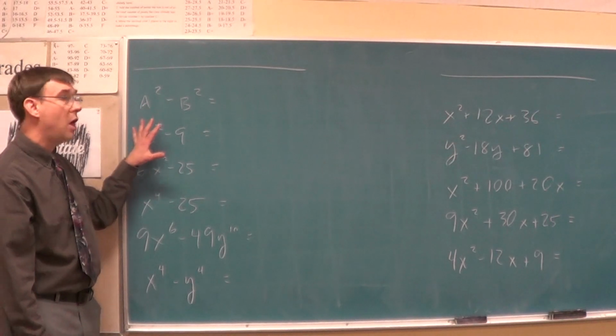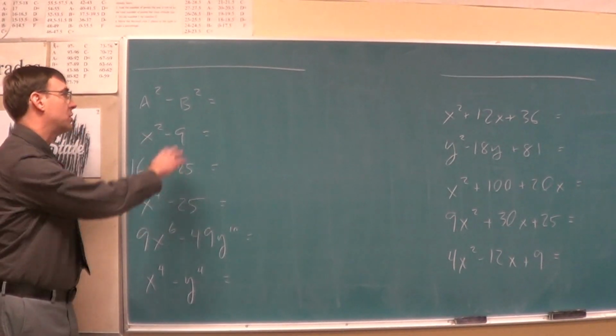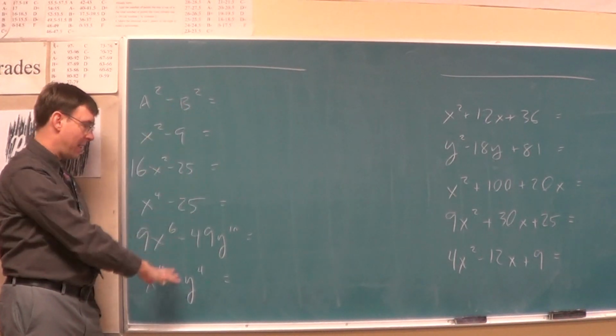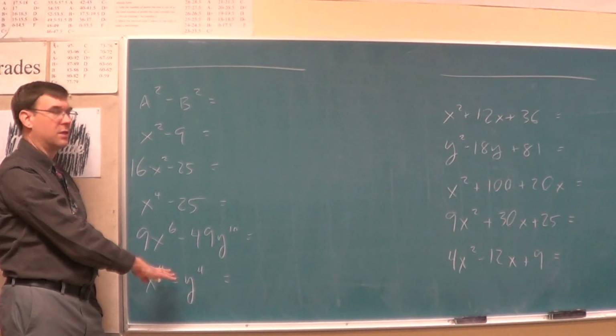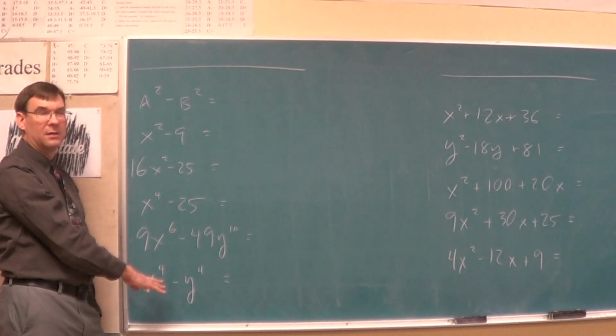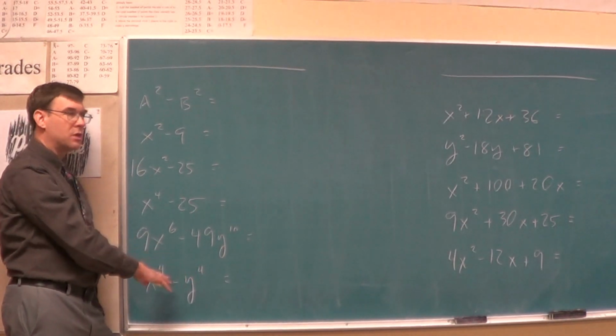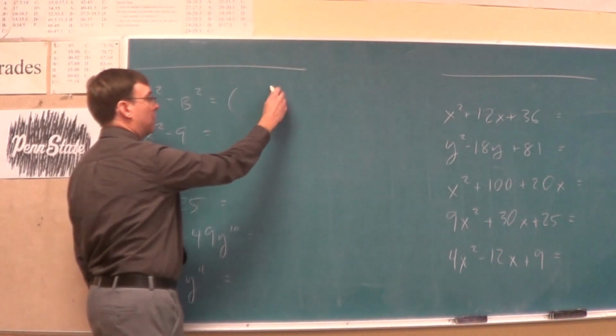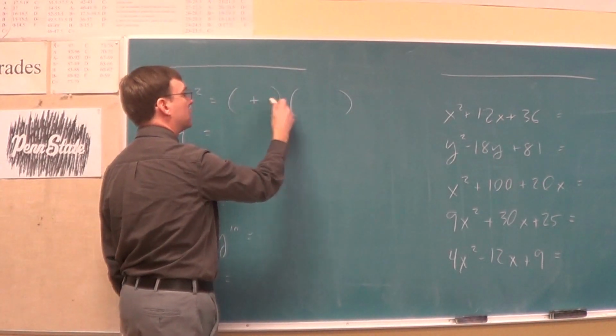Okay, so this is the opposite of something we did yesterday. Yesterday there were a bunch of answers we got that looked like this. Does anybody remember what the problems looked like that caused the answers that looked like that? They were the same thing, but one had a plus, one had a minus.